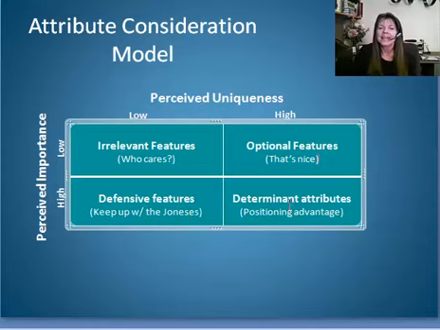Now we get to this cell, we're looking at high importance to you personally and high uniqueness. Okay, and these are called determinant attributes. They are going to have what we call positioning advantage because they will have the most effect on your decision. So a positioning advantage.